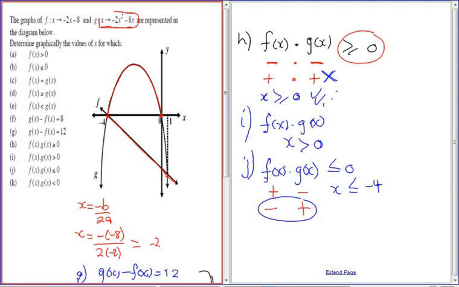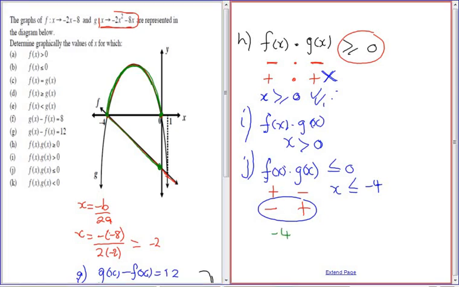All this time, where I highlighted red, g(x) is now green, all this time, g(x) happens to be positive. So from the x value of -4 to the x value of 0, g(x) is positive, while f(x) is negative at that time. So those are the two x values that we are looking for. We stop right there. So we know that our solution is going to be in between -4 and 0.